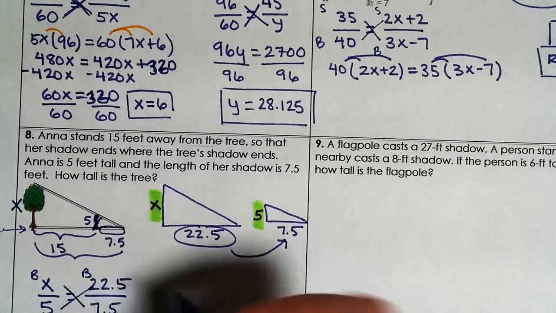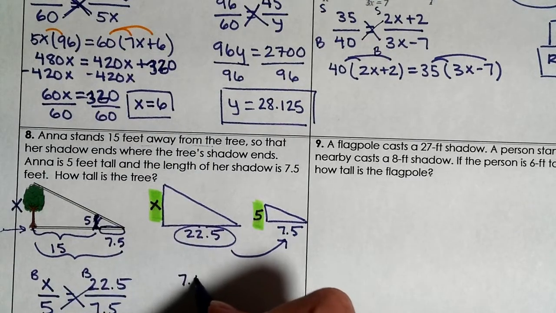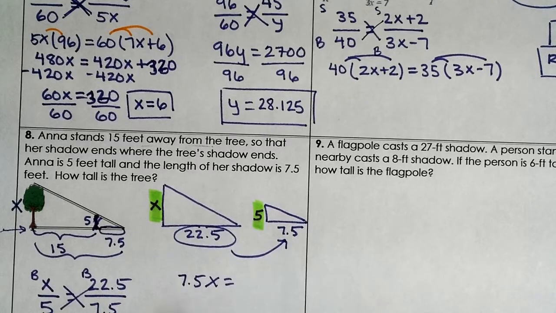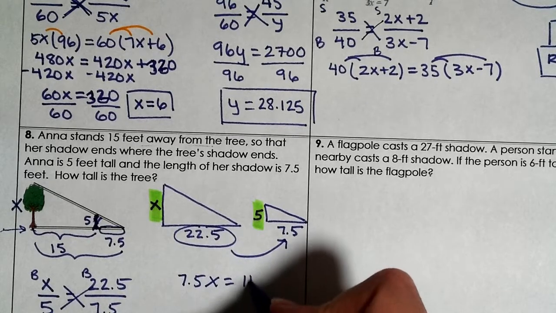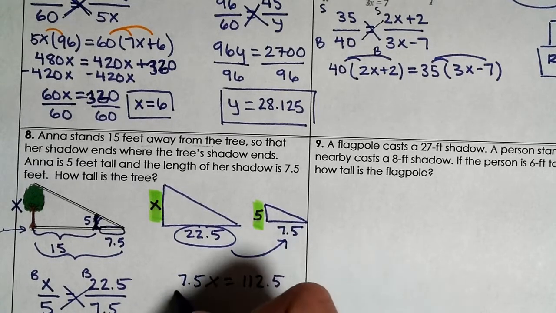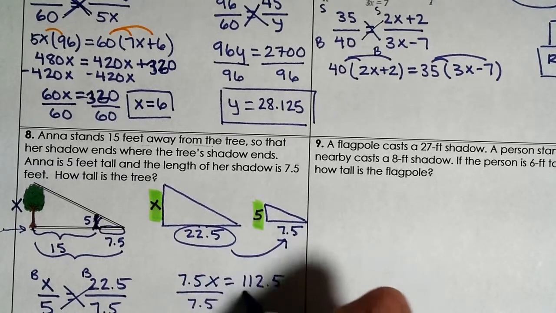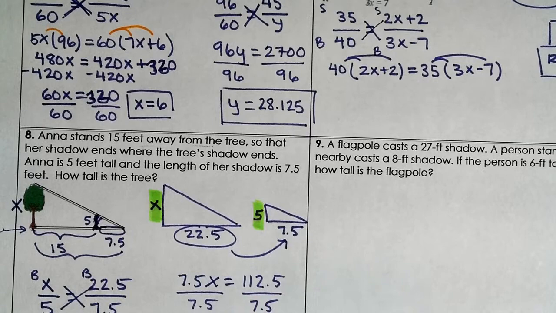I cross multiply. I get 7.5x should be equal to 112.5. When you divide by 7.5, you should get x equals 15. I'm going to say feet. This is the height of the tree.